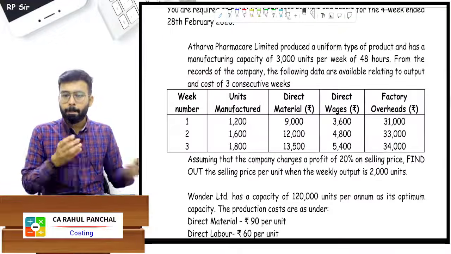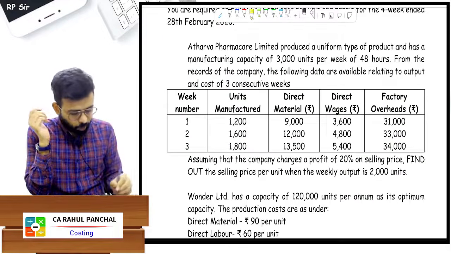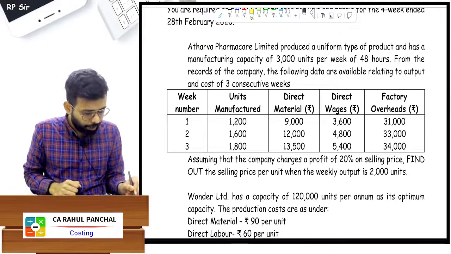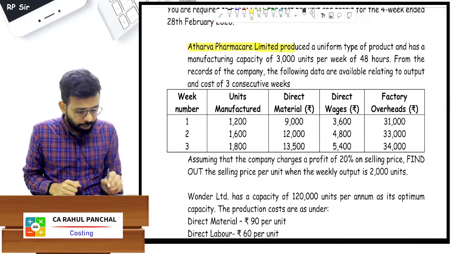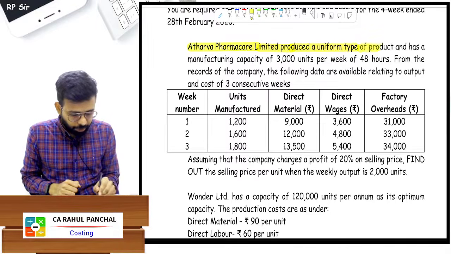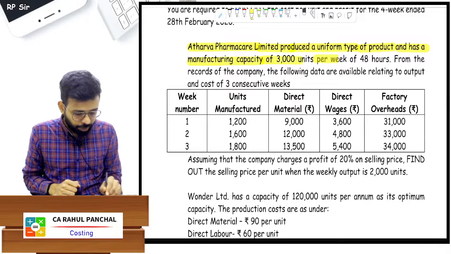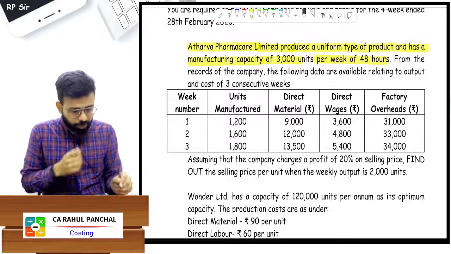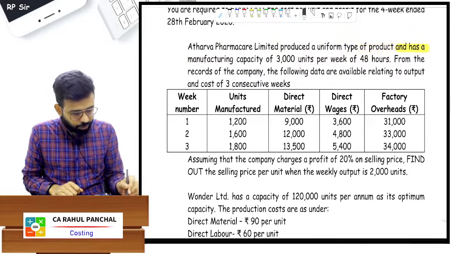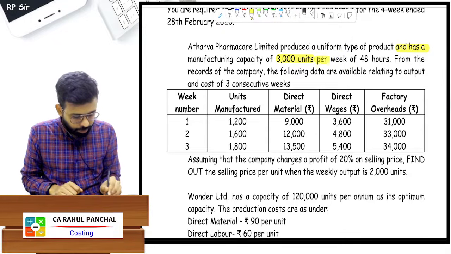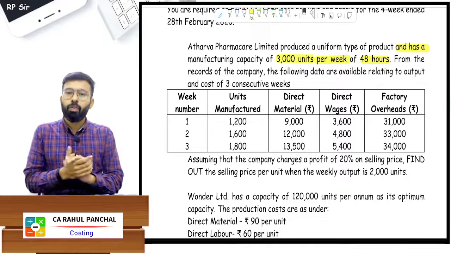Okay, now let's read the question. This question is based on classification of cost. Atharva Pharmaceuticals Limited produced a uniform type of product and has a manufacturing capacity of 3000 units per week of 48 hours. What is important is that we can produce 3000 units per week, and in 1 week we work for 48 hours.